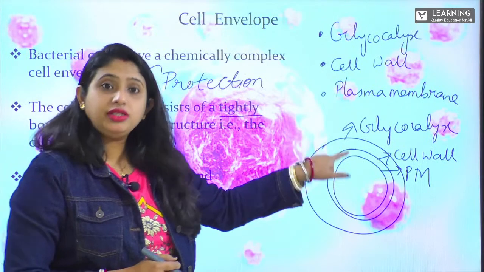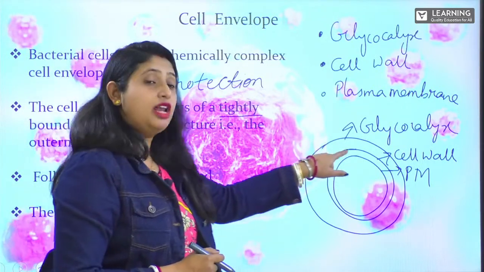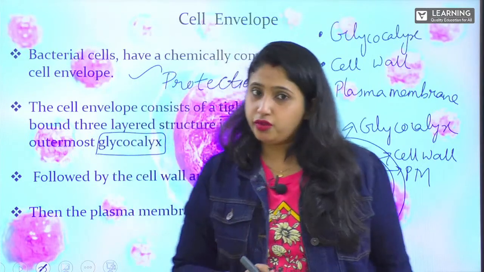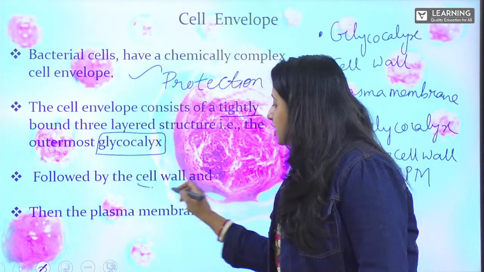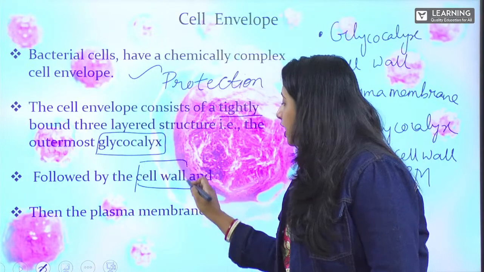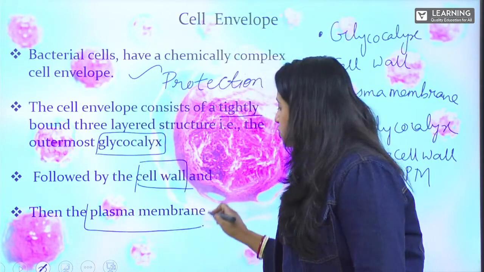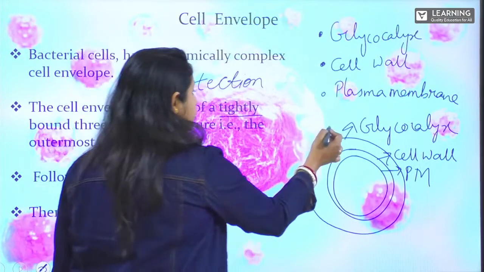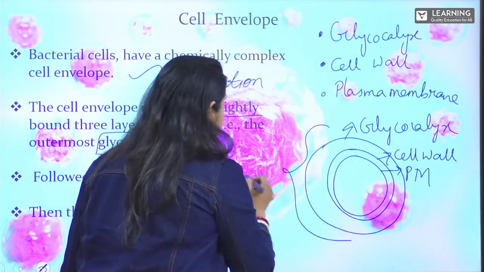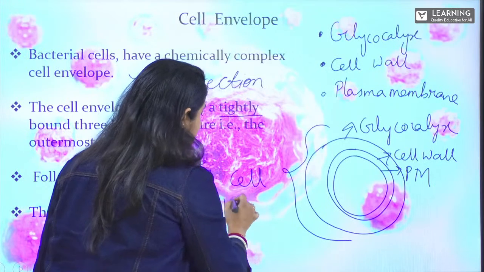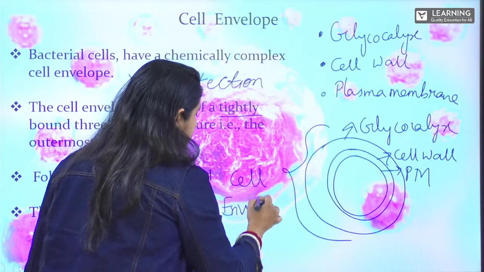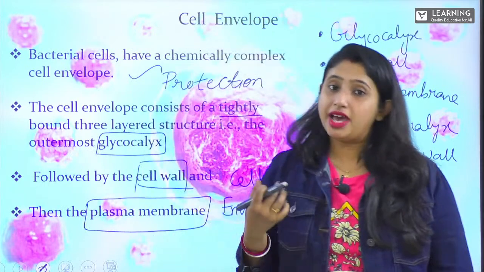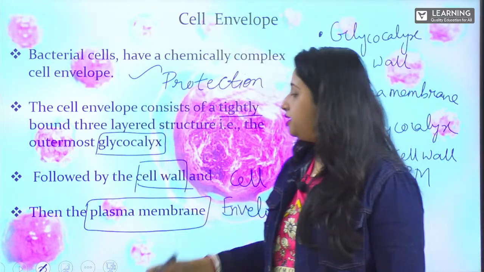After the glycocalyx comes the cell wall, followed by the plasma membrane. These three things together make up the cell envelope. So this is how the cell envelope is arranged in the bacterial cell.